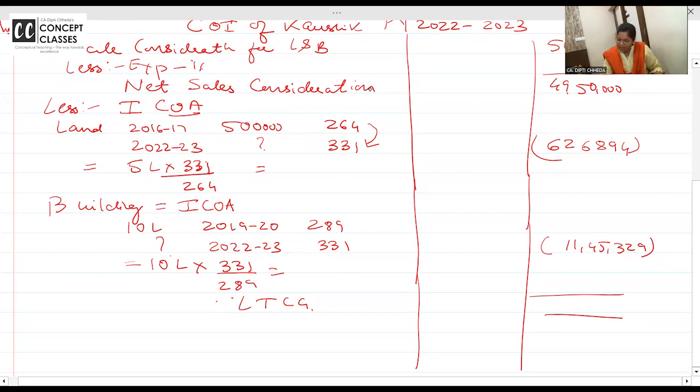Did everyone get it? How much did you get? 31,77,777. Those who got a slightly wrong answer, can you put in the chat box where you went wrong? Did you take wrong index rates? Are you all able to recollect? Have you all studied this in inter?